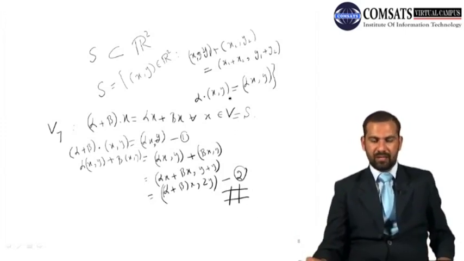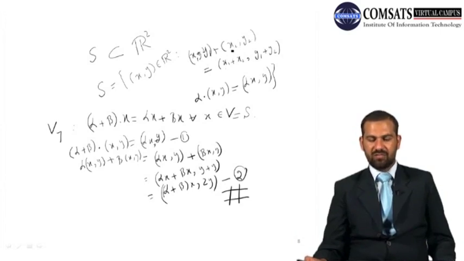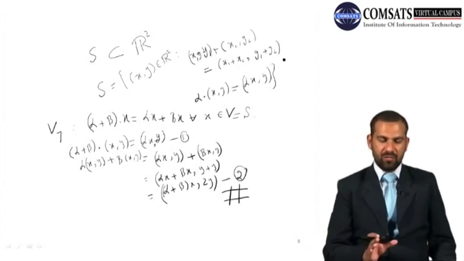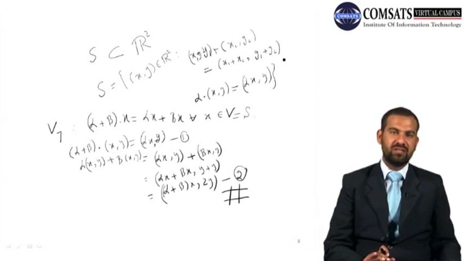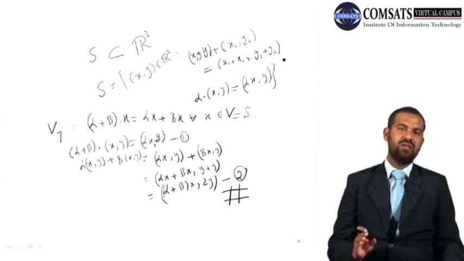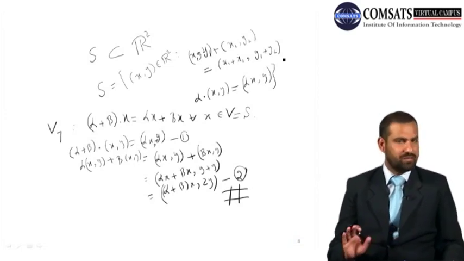For example, if (x1, y1) plus (x2, y2) is taken to be only (x1, y1 plus y2), then we can see that some of the properties of vector spaces are not satisfied. If we find that any one property is not satisfied, then it's not a vector space.